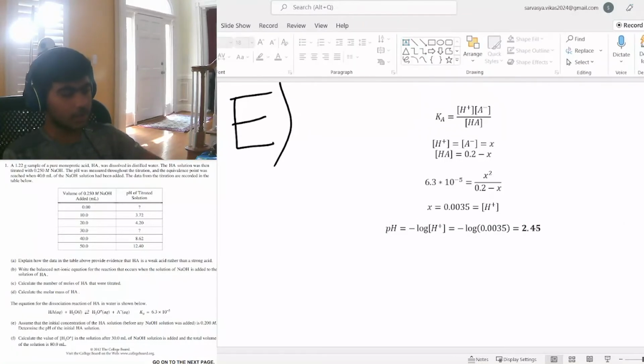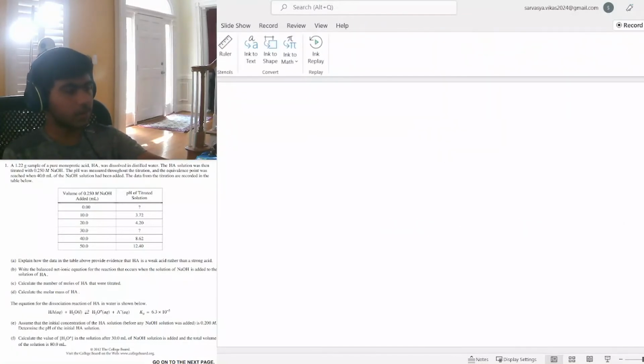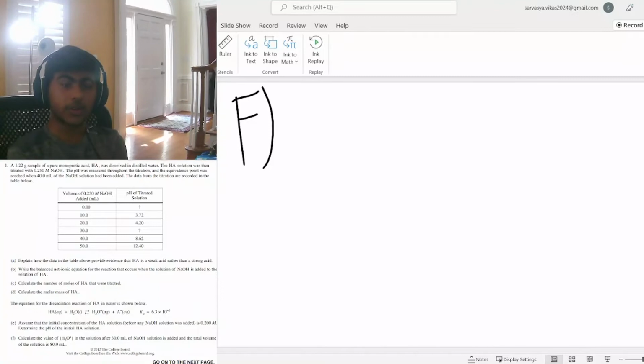Then for part F, we're now asked for the concentration of hydronium in a solution after 30 milliliters of NaOH solution is added, and the total volume is 80 milliliters. Let's see what we can do here.